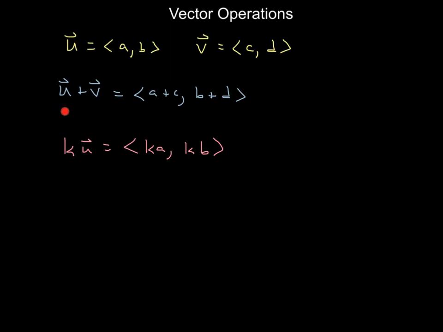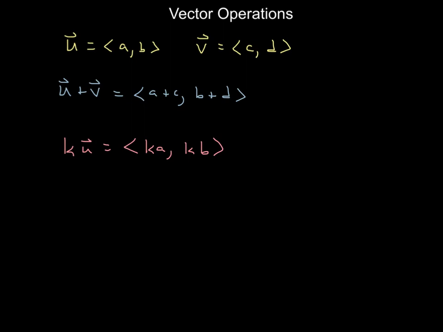If I take vector u plus vector v, what is probably the natural thing you would think about is I'm going to take the first components and add them up, and it's going to be the sum of the second components as well. When I do scalar multiplication, when I take k times vector u, I'm going to multiply k to both components of vector u. So I'm going to get the vector ka, kb.